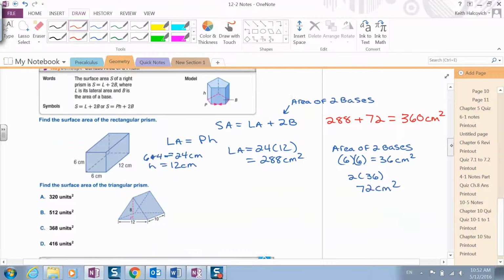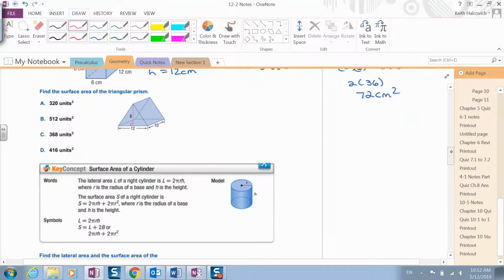All right, so let's look at the next picture. Surface area of a triangular prism. Notice the two bases are triangles. And we know that these are 12, so that means this is 6.